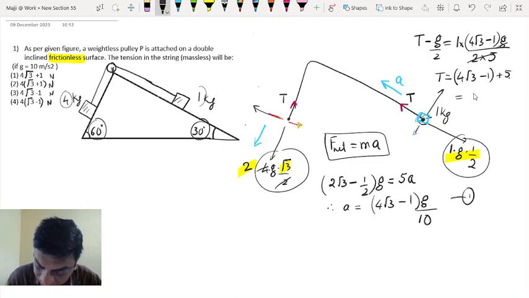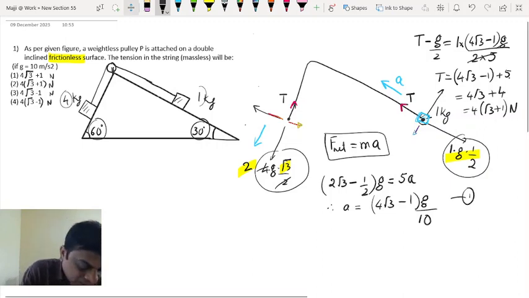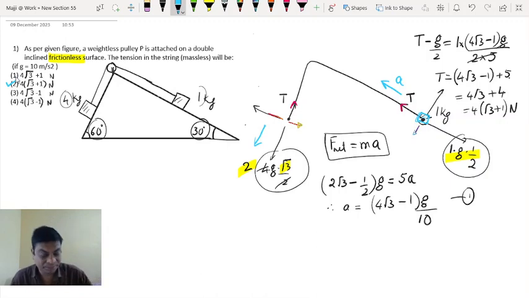So we have 4 root 3 plus 4. In other words, if you take common, then you have 4 times (root 3 plus 1). So we have the first option. I'm sorry, the second option: 4 times (root 3 plus 1).